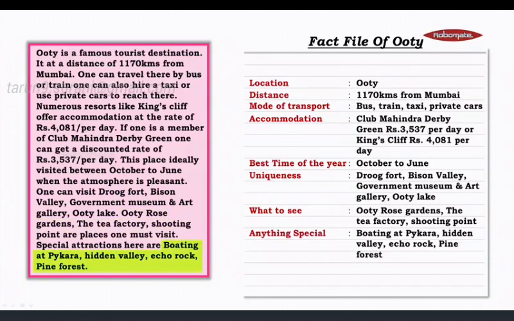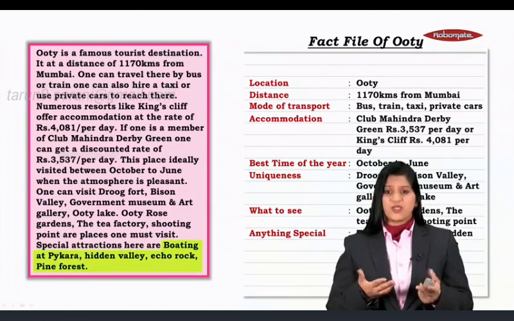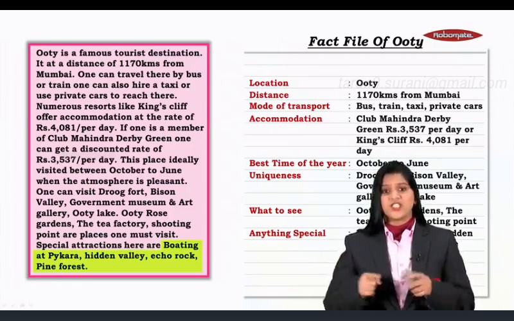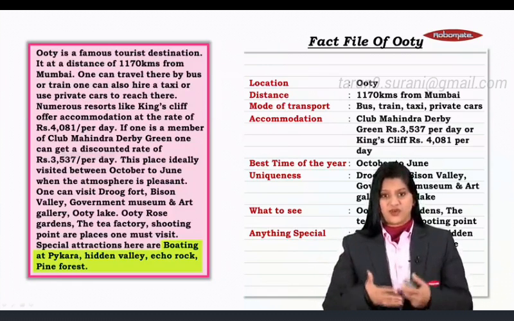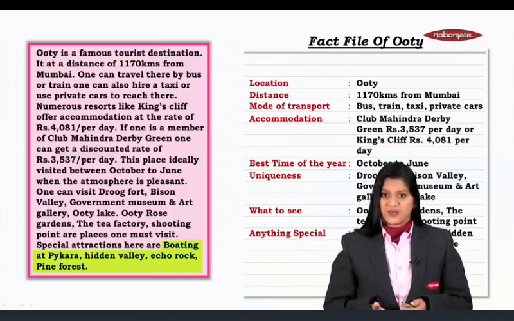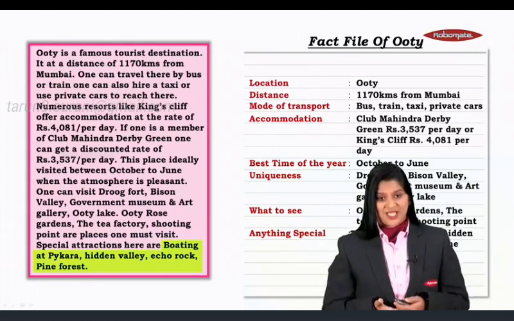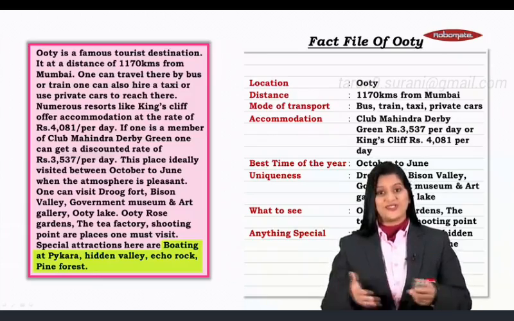So something like boating at Paikara. Now, what's the difference between uniqueness and anything special? Uniqueness is something that is only found over there, and anything special, something like boating, can be found anywhere, but here you have specially boat riding, so you put it in anything special. This is how you write your fact file of a place. Okay, let's meet in the next module to learn the remaining two.